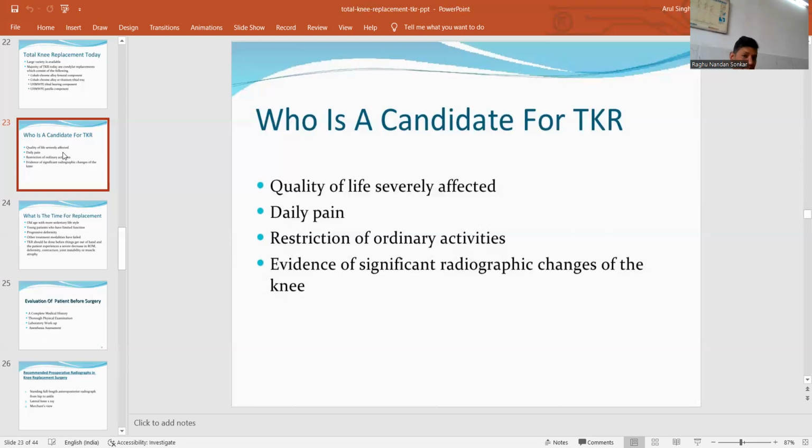If the patient is restricted in all activity, and there is evidence of significant radiological change of the knee. When we prescribe an AP standing view and lateral view of the knee joint, and the finding is severely affected OA knee, meaning joint gap is reduced, that is a good candidate for TKR.